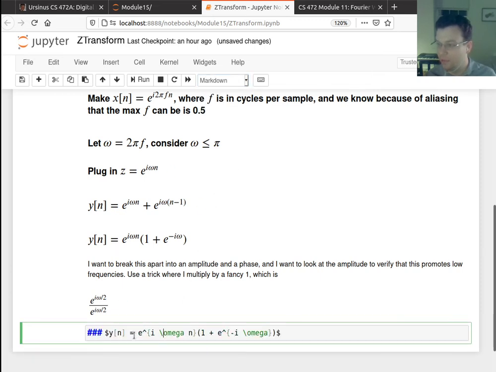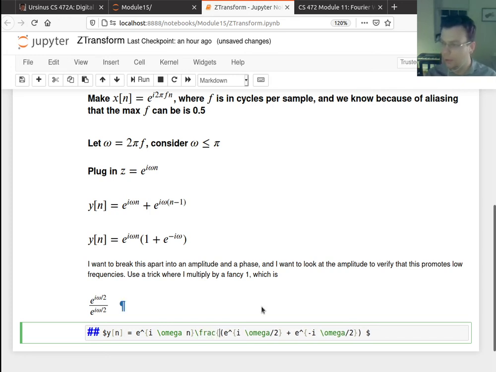So when I do that, I end up getting y of n is equal to, this doesn't change on the outside, but on the inside, let me distribute this through. I get e to the i omega over 2 plus e to the negative i omega over 2, divided by the one at the bottom.